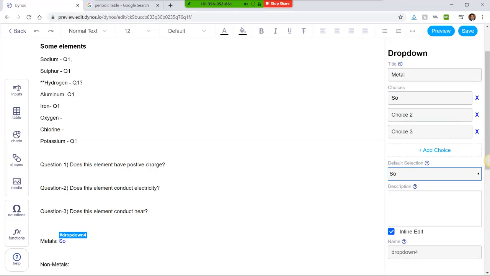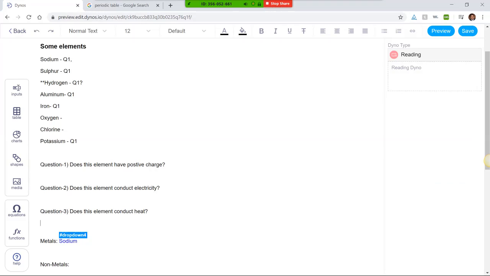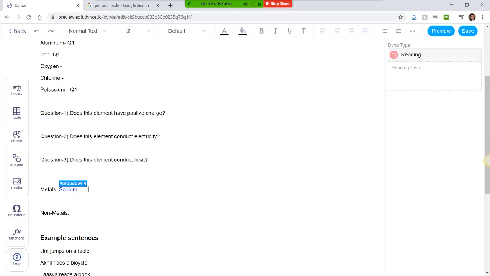For example, sodium is a metal, sulfur. I'm leaving out hydrogen. I'm not sure on the hydrogen part. Aluminum, iron. These are all metals, right? So you can list out all the properties of metals here.